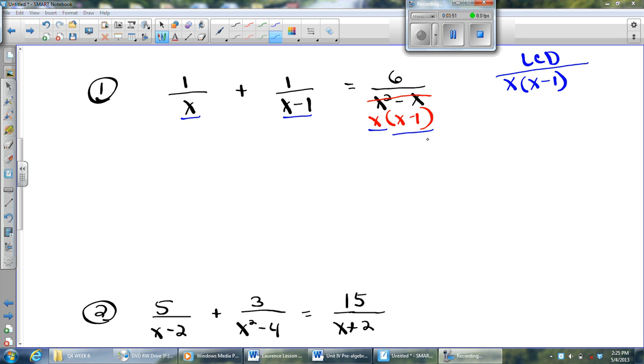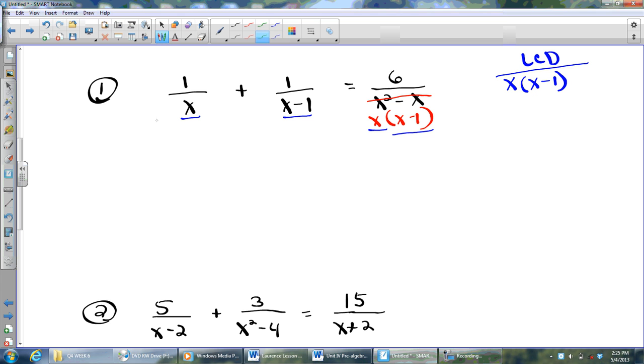Sure they are. Now, I actually like these problems better than the adding of the expressions because just like I did in the example right above this, I'm going to make these fractions disappear. I'm going to multiply each term by the LCD and watch what's going to happen. I think this is pretty cool stuff.